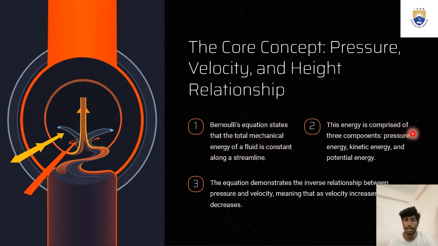This energy comprises three main components: the pressure energy exerted on the liquid, the kinetic energy because of the flow, and the potential energy due to height. These individually need their own calculations as well. The equation demonstrates the inverse relation between pressure and velocity: when velocity increases, the pressure decreases, and vice versa. When the pressure increases, the velocity decreases.